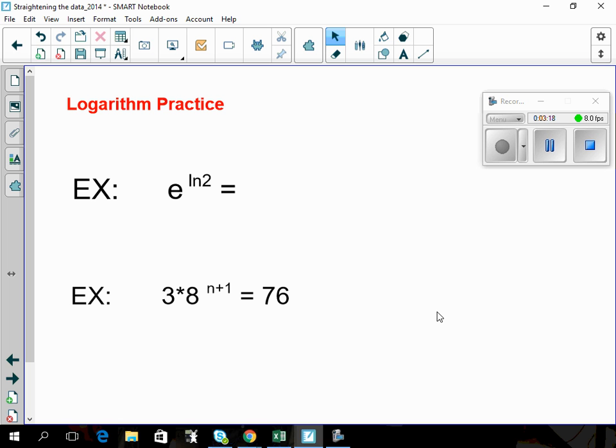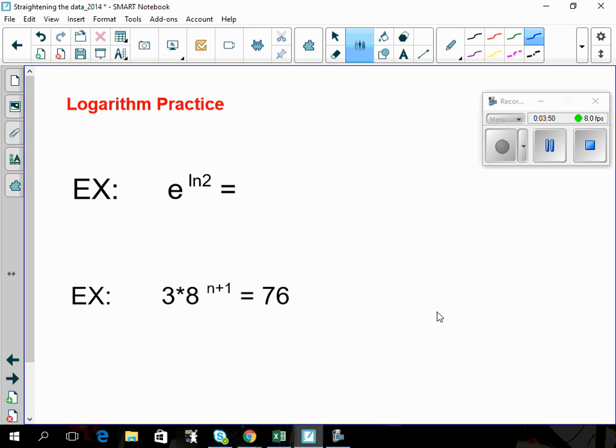For those of us who have that practice or know that, do we know why? There's a couple of ways to talk about it. Your calculator does it for you if you're interested in knowing how to plug it in, but why is it true? Because the base of a natural log is what? E, right? So the base of a natural log is E. So if we have E raised to a log of base E, then it's just simply what that power is, right? So it's just 2. Does that make sense what I'm saying? Yes or no? No? Sure.